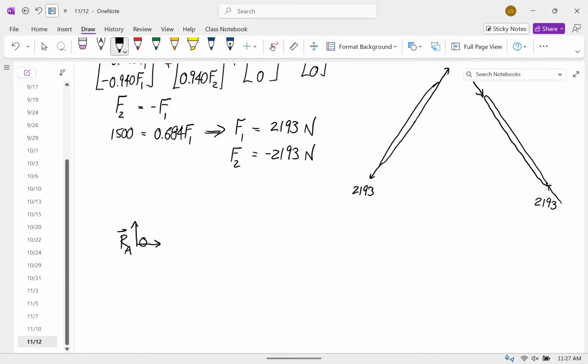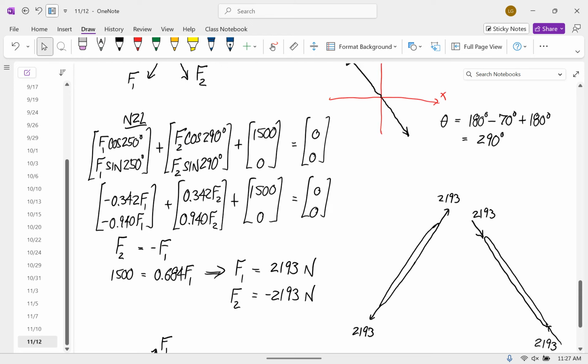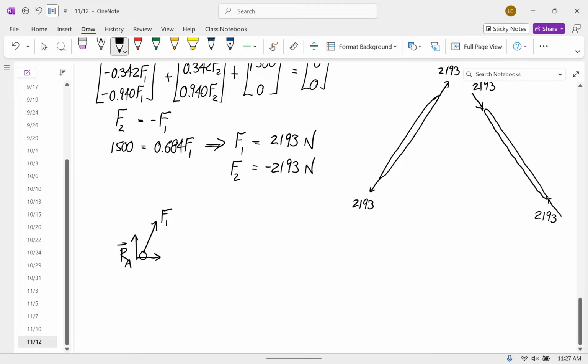And then since we're assuming that this is in tension, we'd have an F1 like that. But this is isolating the pin, not isolating the body. So it's a Newton's third law thing. Okay.